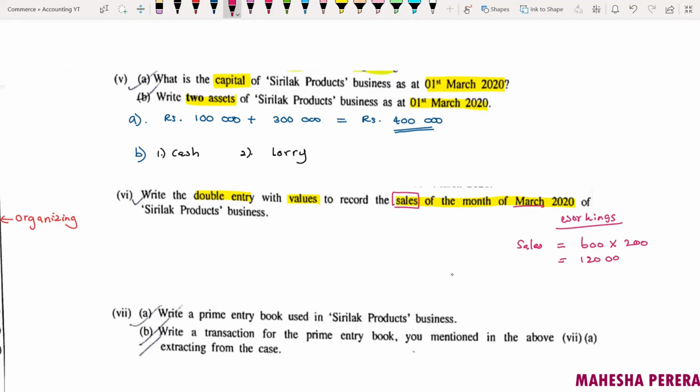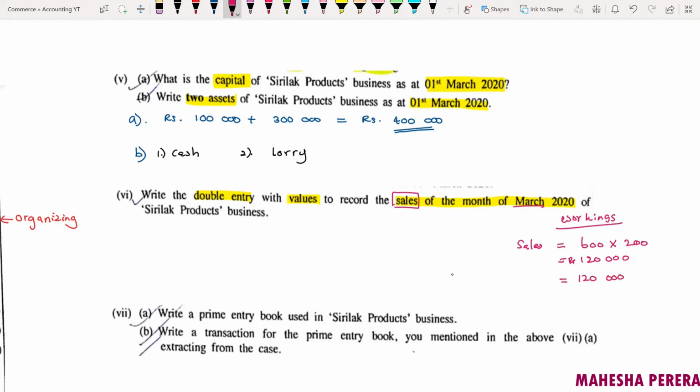Sorry, it should be 120,000 rupees. Now you are not going to record this value because these sales were done subject to a trade discount of 10%. So you need to take off 10% from 120,000.